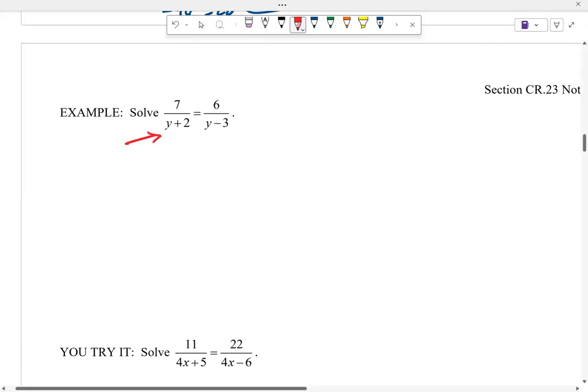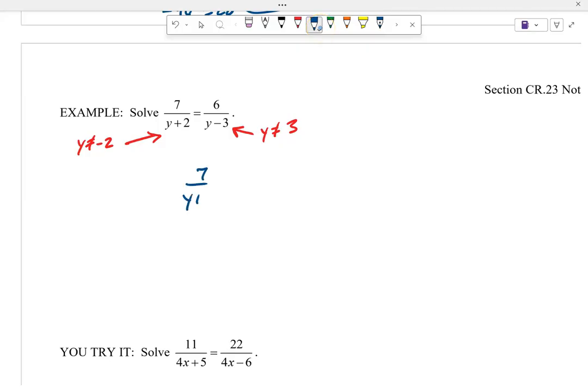So hopefully you notice here, y cannot be negative 2. That would make that denominator 0. And from over here, y cannot be 3 either. So I've got to throw those out if they end up being solutions. All right, so let's go ahead and do the problem. Now the nice thing is I already have one fraction equaling one fraction, so we can go ahead and clear out our denominators.